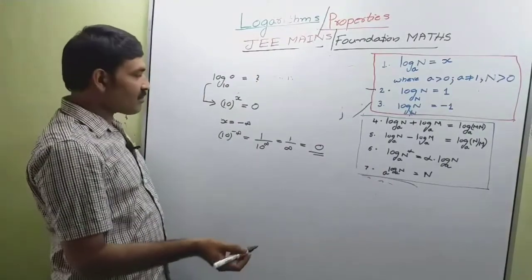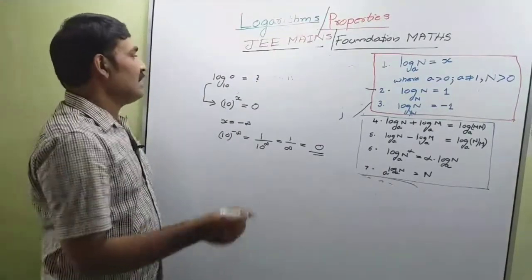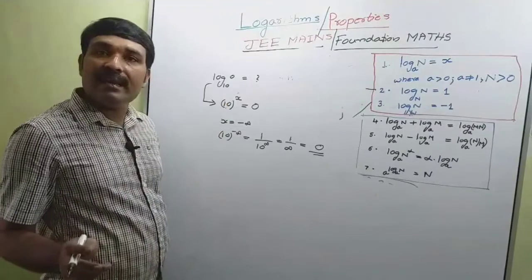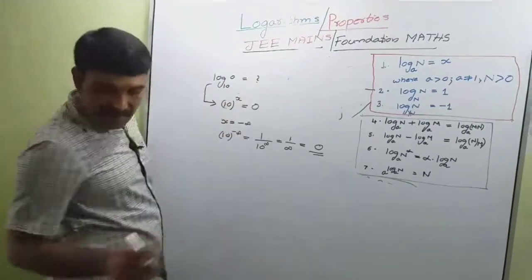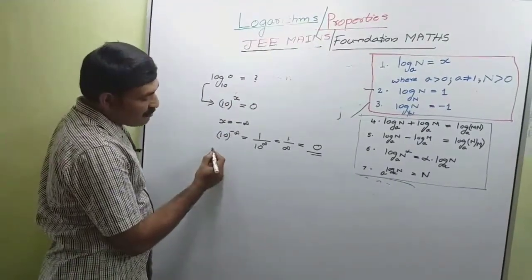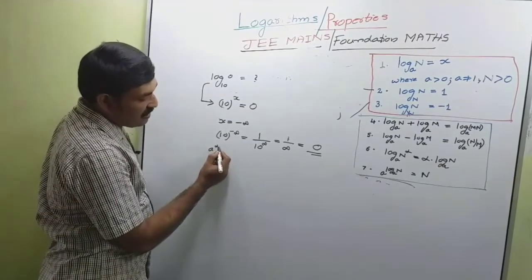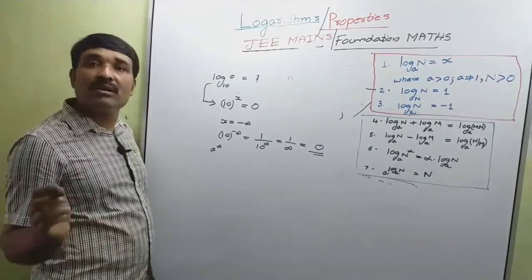Here the base is greater than 1. So use this: suppose a raised to infinity. What is the value of a raised to infinity?